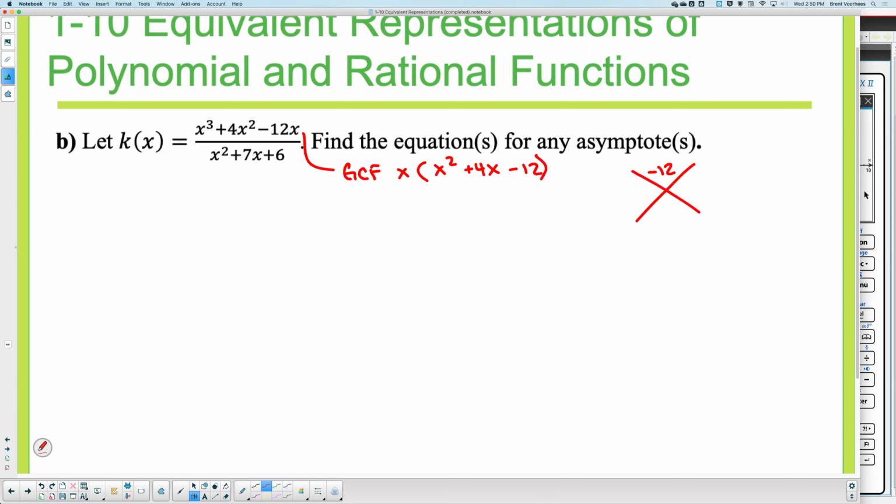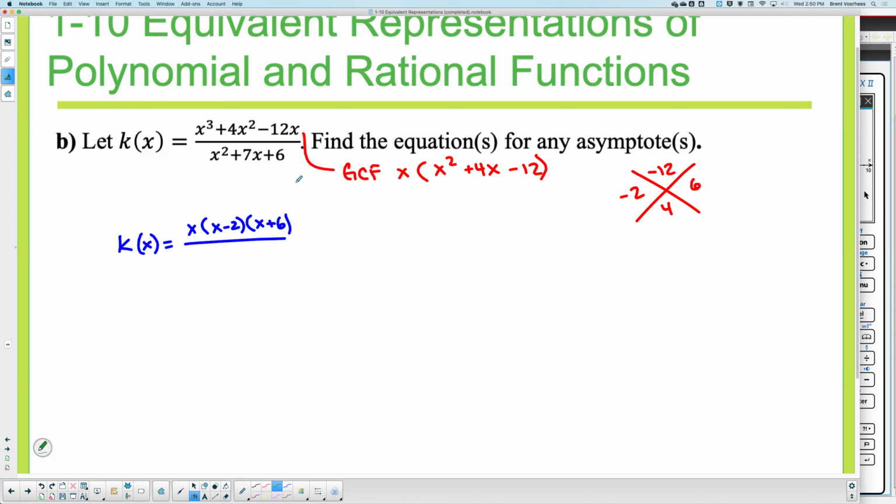We're looking for factors of negative 12 that add to be 4. So 1 and 12, 2 and 6, 3 and 4. The values have to be a 2 and a 6. And to make it be a positive 4, the 2 needs to be negative. So let me write k of x down here. k of x will equal x, our GCF, times x minus 2 times x plus 6.